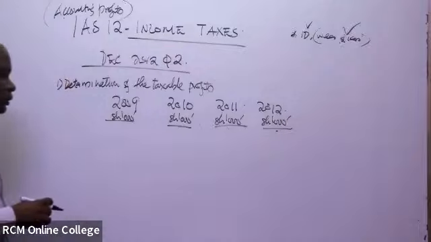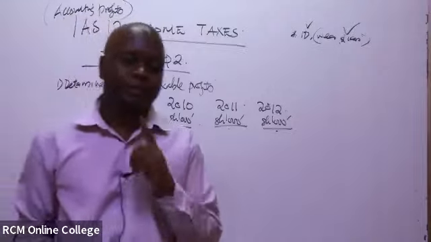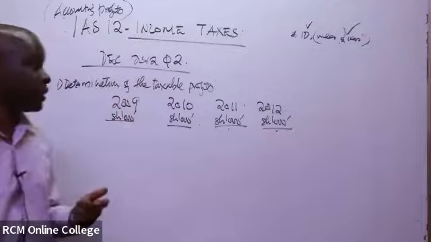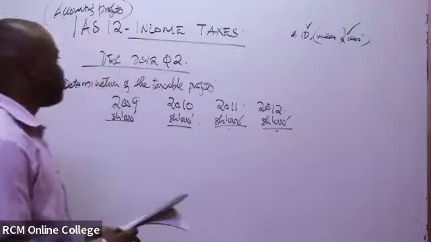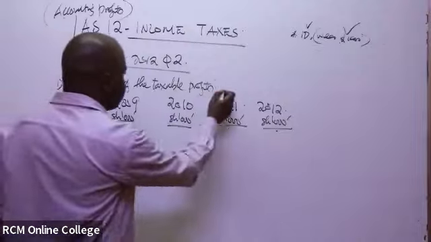So remember, this particular point will sink in when you learn. Those who already learned public finance and taxation really understand what I'm saying. But I hope the point is going home: you'll have to readjust the accounting profits to come up with the taxable profits.